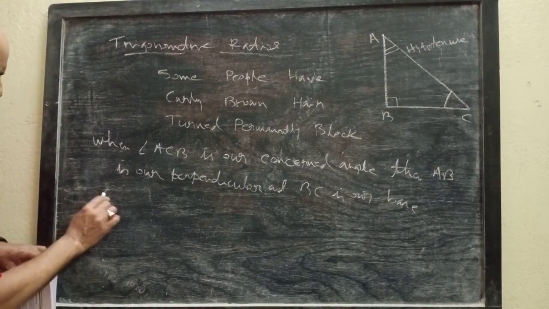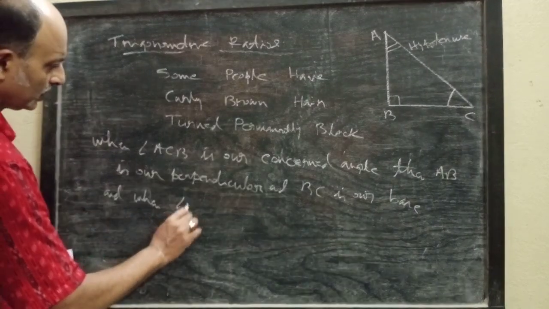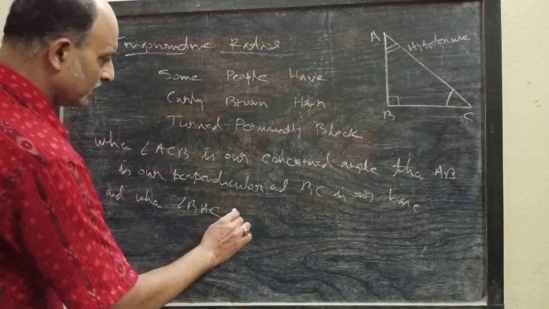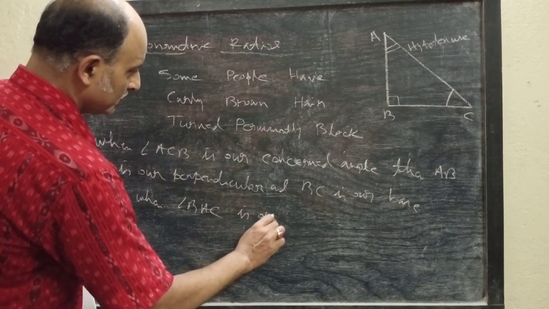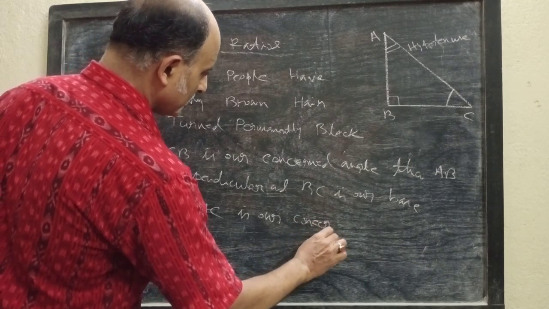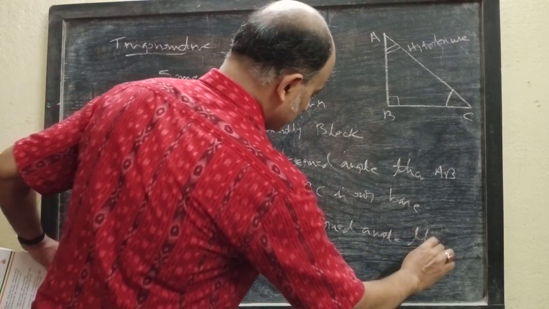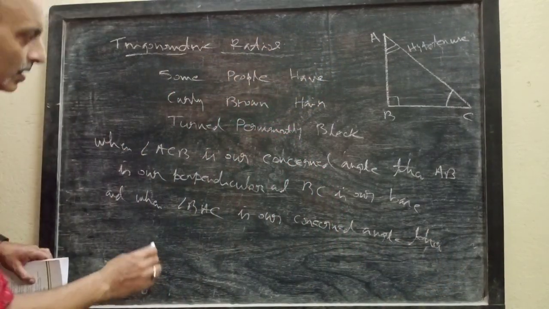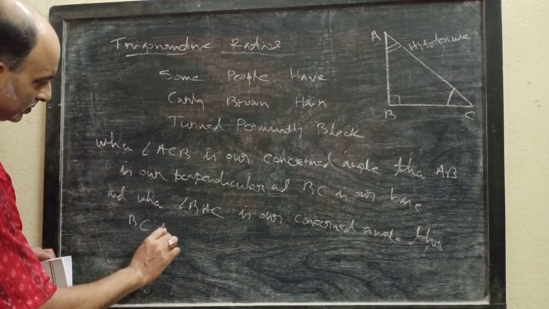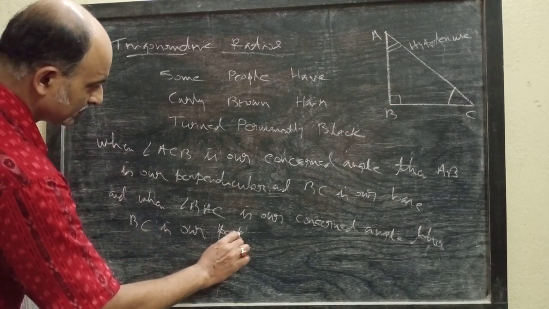And when angle BAC is our concerned angle, then BC is our perpendicular.